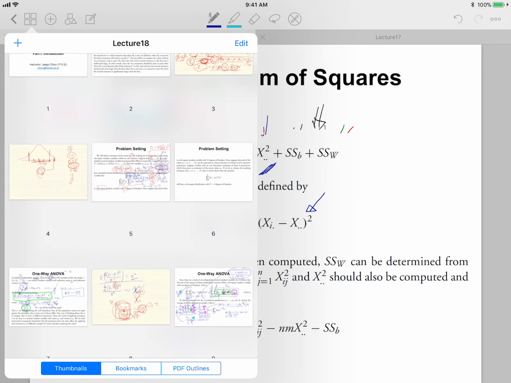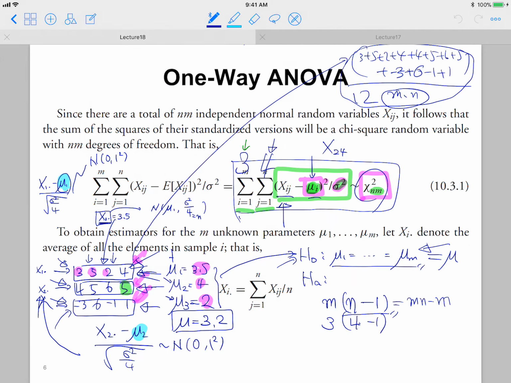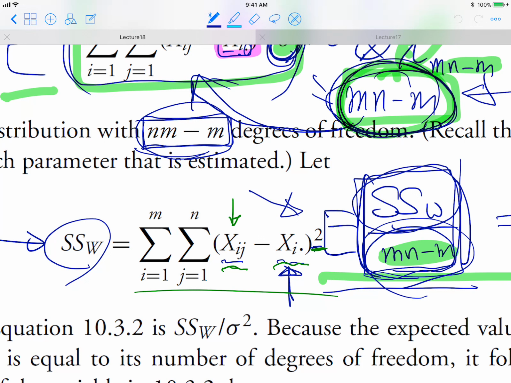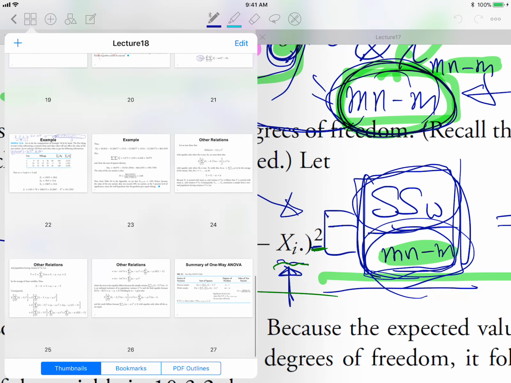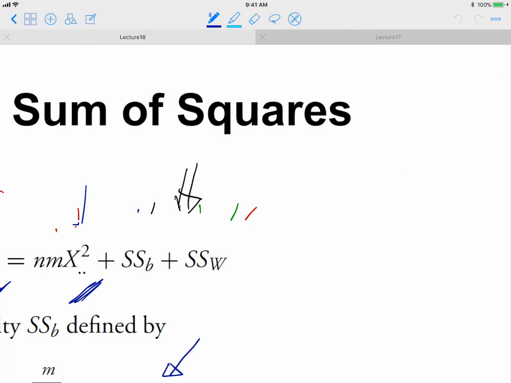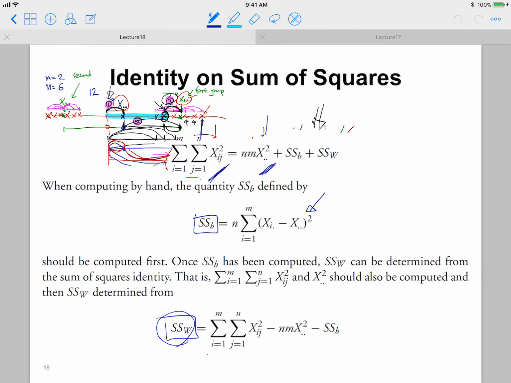So the original definition was this guy, right? So we studied the original definition of this SSW, but instead of computing this value, we just compute SSW by using this identity. Okay, so that way we can compute this SSW a little bit more easily.